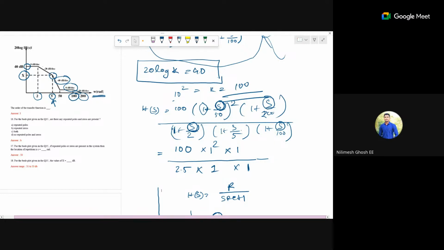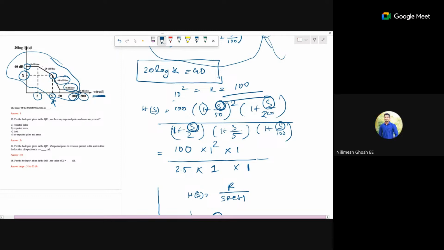For tan theta, we would have to be given the phase plot. From the phase plot we would get an angle, and from that we can calculate the x value. But the phase plot is not given, right? This is not a linear scale. That's why we can't do that.